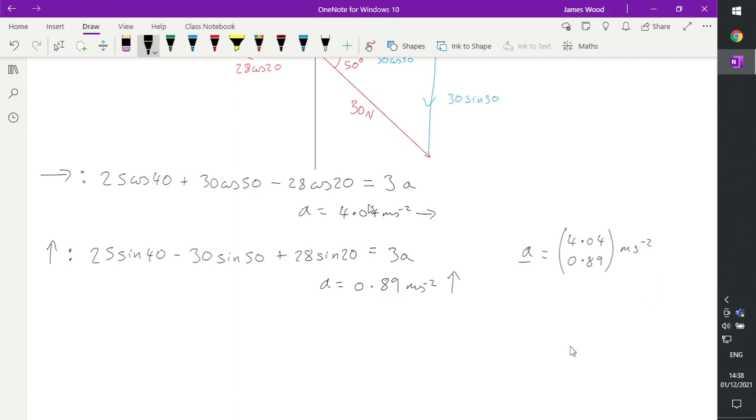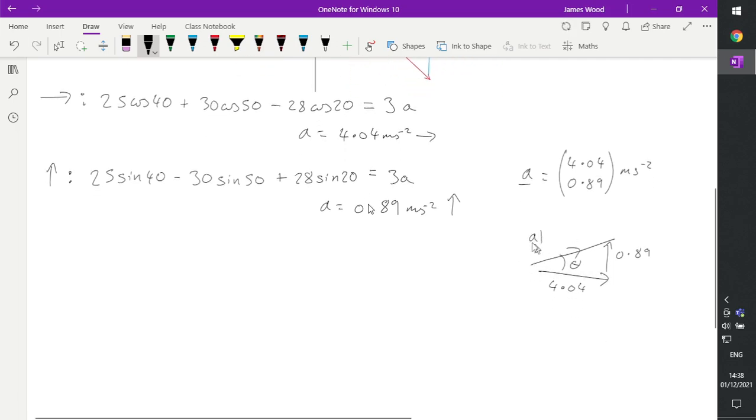If I wanted to actually write it in terms of magnitude and direction, so that's 4.04 across, 0.89 up. So overall, it's moving like that. So you can find the magnitude of a: 4.04 squared plus 0.89 squared, square rooted. So that'd be 4.14. And then the angle, we can use tan.